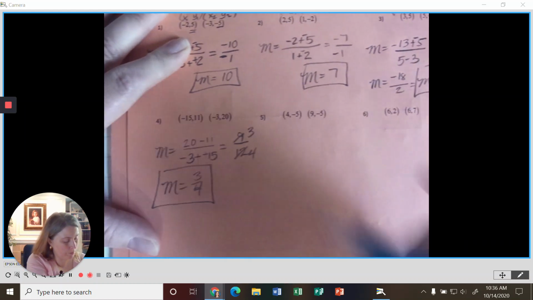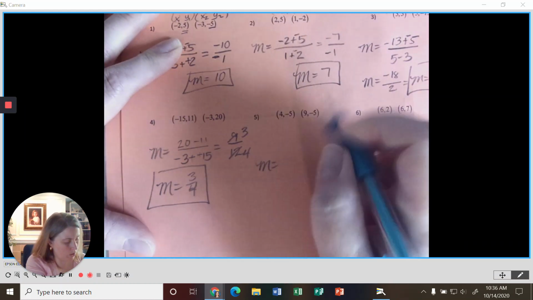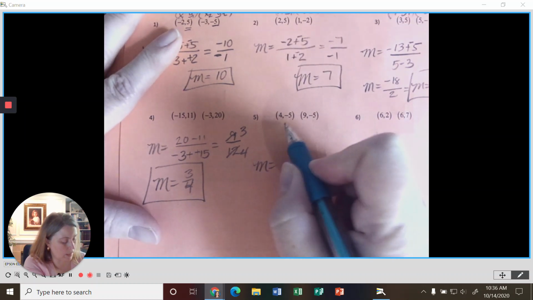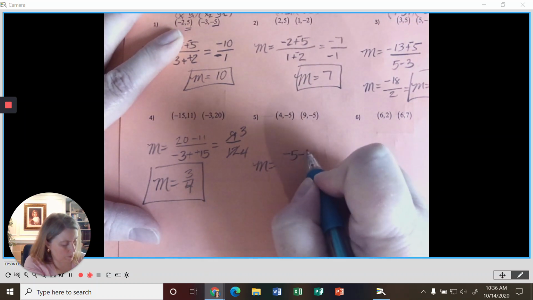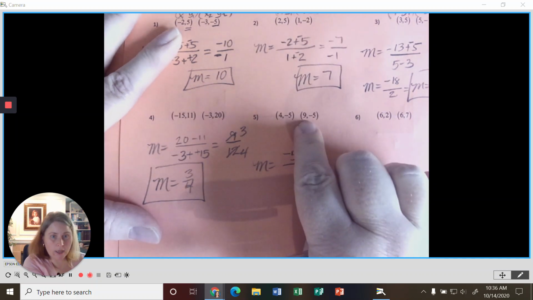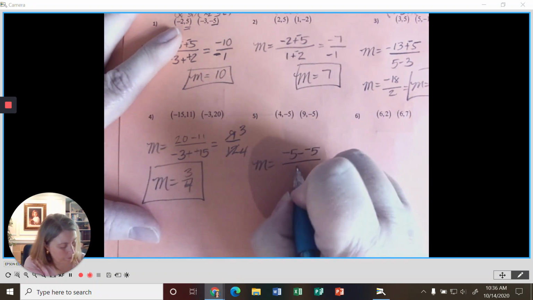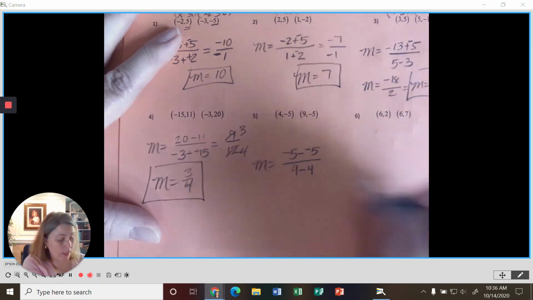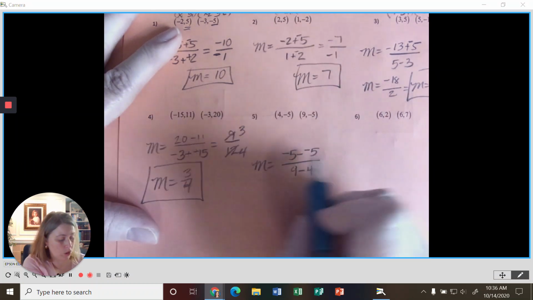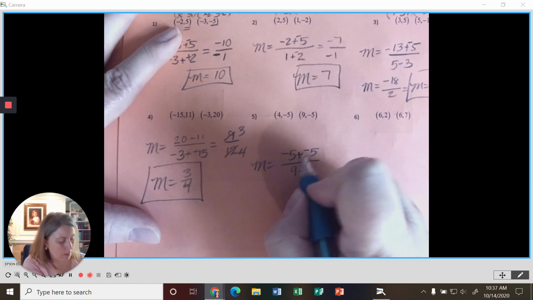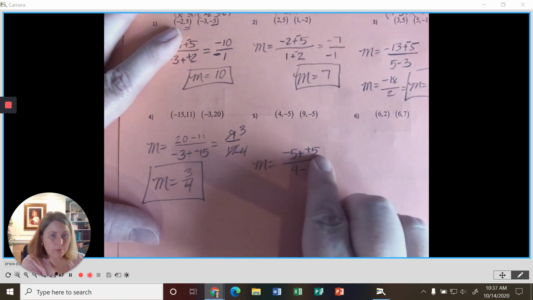Number 5. Okay, change in y, negative 5 minus negative 5. Change in x, 9 minus 4. Never subtract, add the opposite. So we're going to change the minus negative 5 to plus a positive 5. Negative 5 plus 5 is 0.